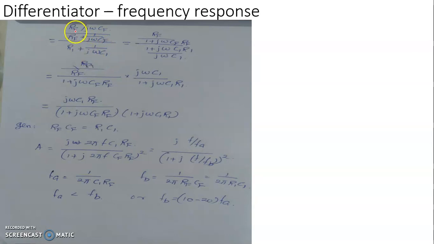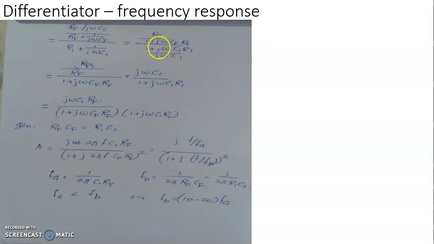This becomes RF by j omega CF divided by 1 plus j omega CF RF by j omega CF, so j omega CF vanishes. What remains is RF by 1 plus j omega CF RF, divided by, in the denominator, 1 plus j R1 omega C1 divided by j omega C1.